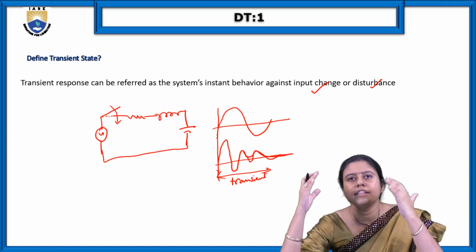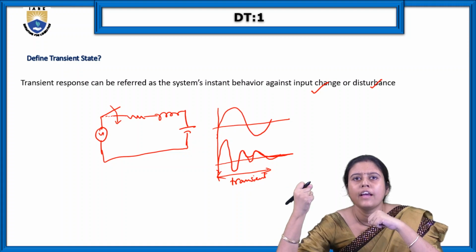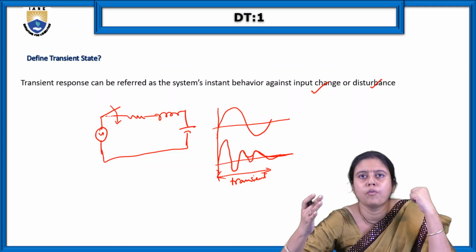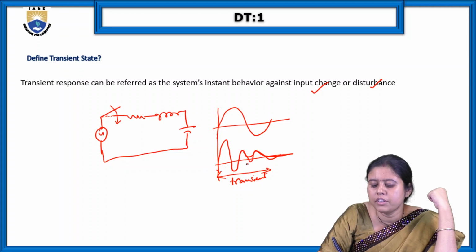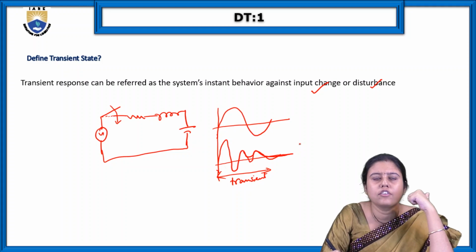Or we can think there is a constant voltage going to an RLC circuit. Suddenly one voltage surge came. What will happen? Again it will show some transient behavior. It will go up, then go down, then go up, then go down, and ultimately it will be in the steady state condition.